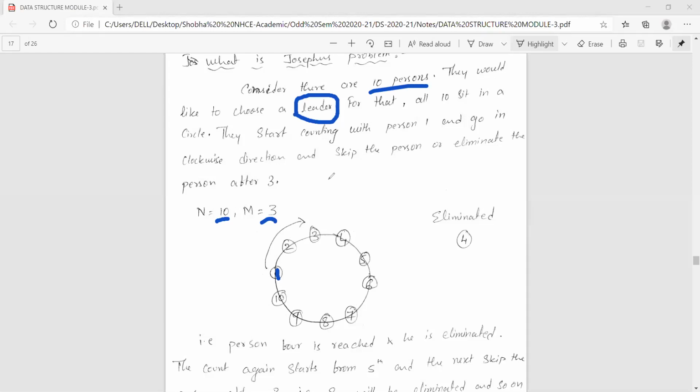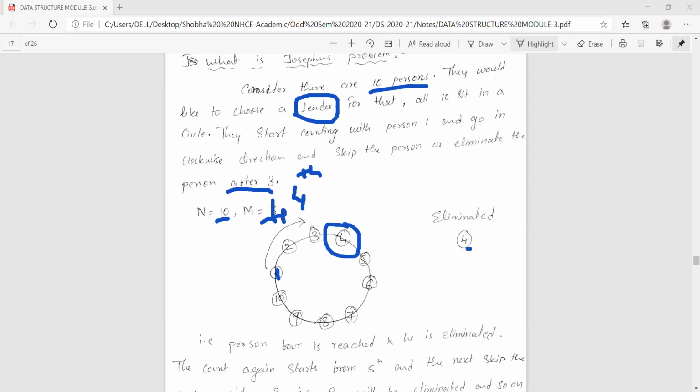As per the definition here, the person after 3 means the fourth person. Actually the key should be 4, but it is given 3. The fourth person, moving clockwise 1, 2, 3, will be eliminated or removed from this circle.